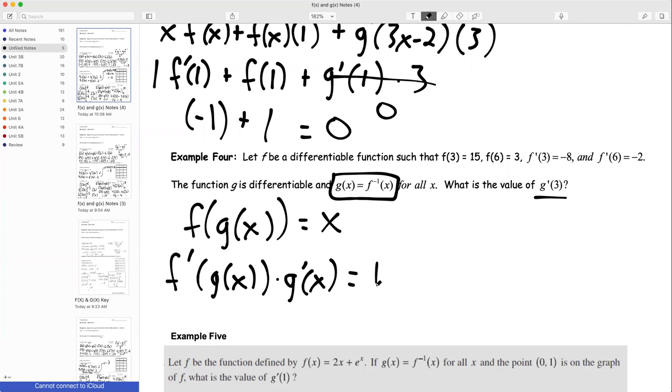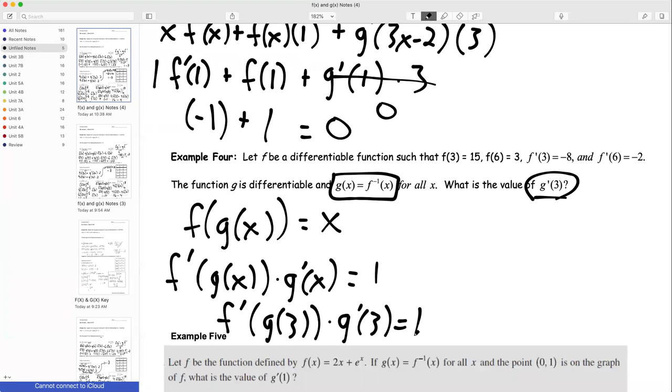What's the value of x? I know that because that's what I'm asked to find the value of. So I'm going to plug in 3 for x. I've got f prime of g of 3 times g prime of 3 equals 1.